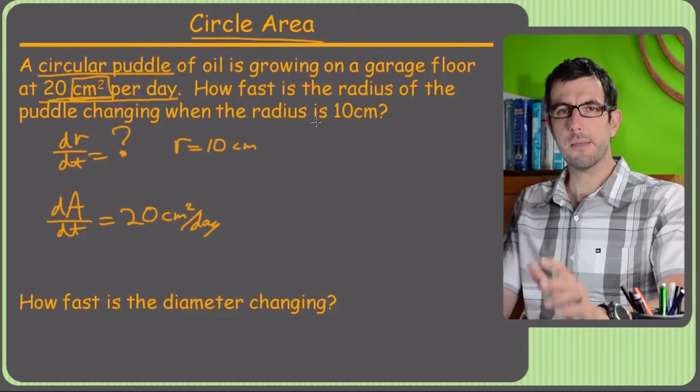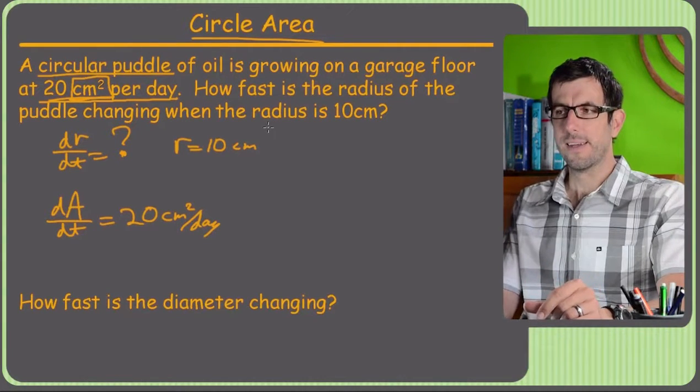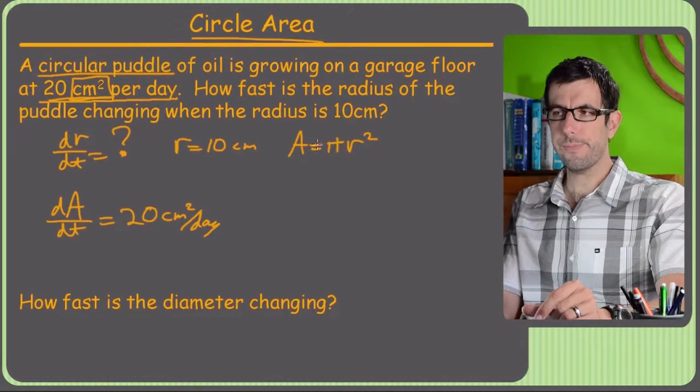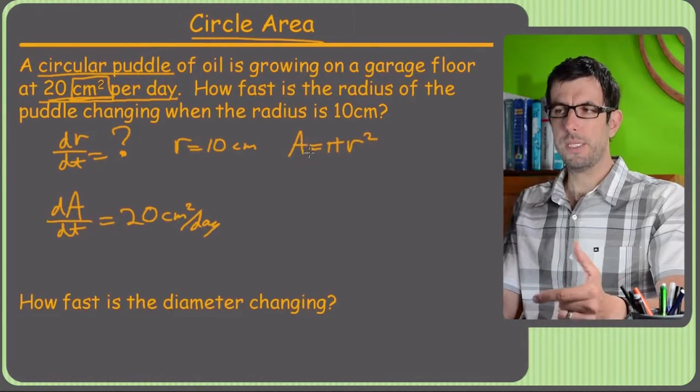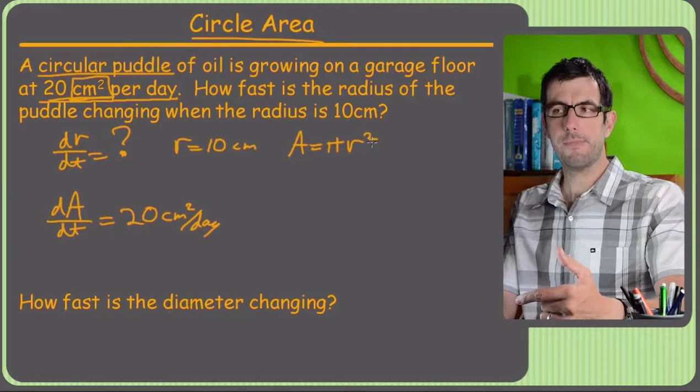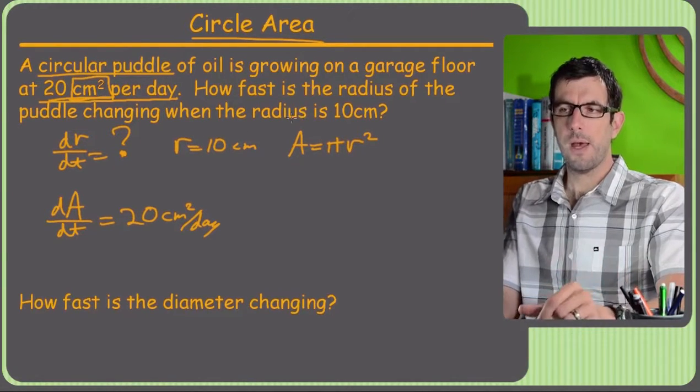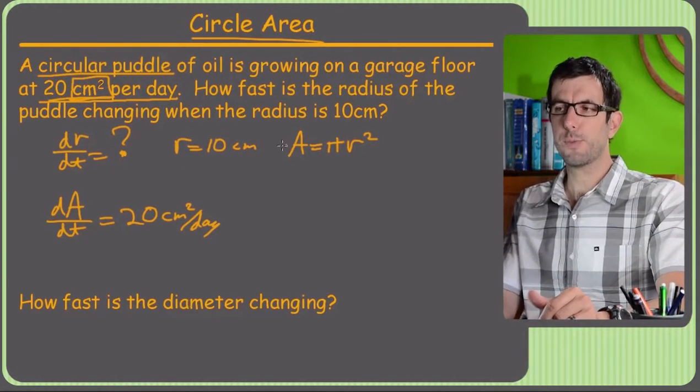Looking at this amalgam of letters, I think the area formula is the way to go. Because if I start with area equals pi r squared, when I take the derivative, I'll end up with a dA/dt, a dr/dt, and an r, which is all good stuff. I want the dr/dt, and then all the other stuff I can just plug in. So let's take the derivative with respect to t.